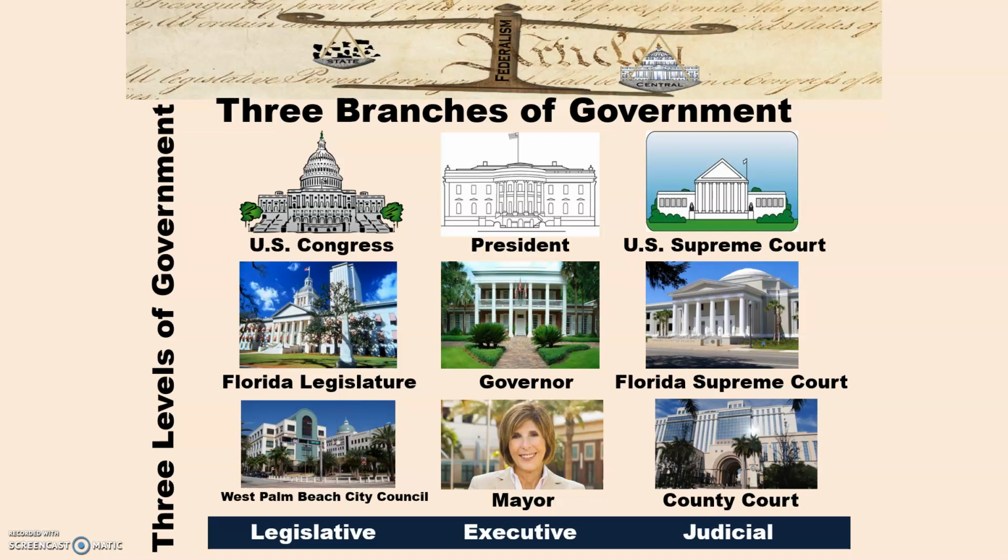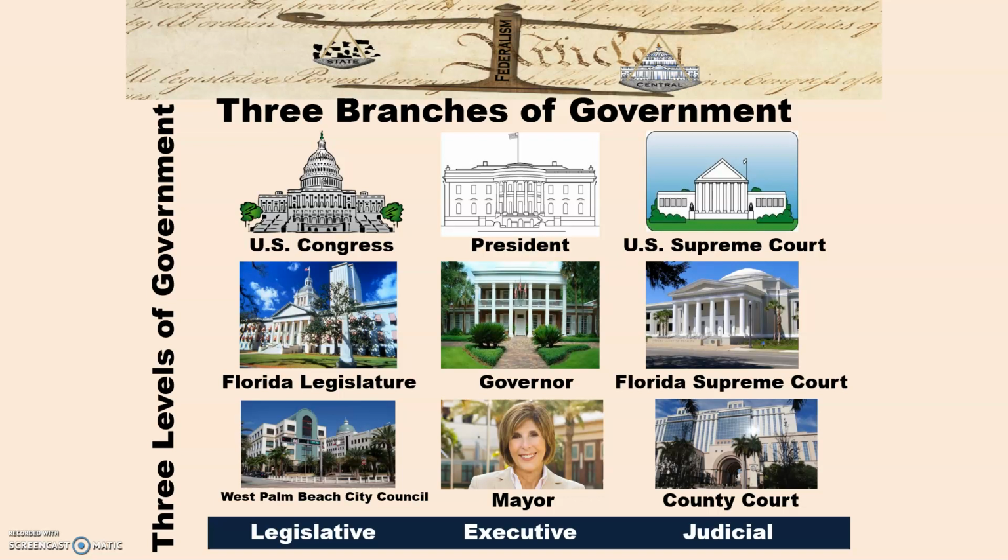Here's all three branches of government on all three levels of government. You have the national level at the top, which has Congress, the president, and the U.S. Supreme Court. On the left being the legislative branch, the president being executive, and the Supreme Court being judicial. But the states also have these three branches of government. The state's legislative branch is a state legislature, so the Florida legislature.